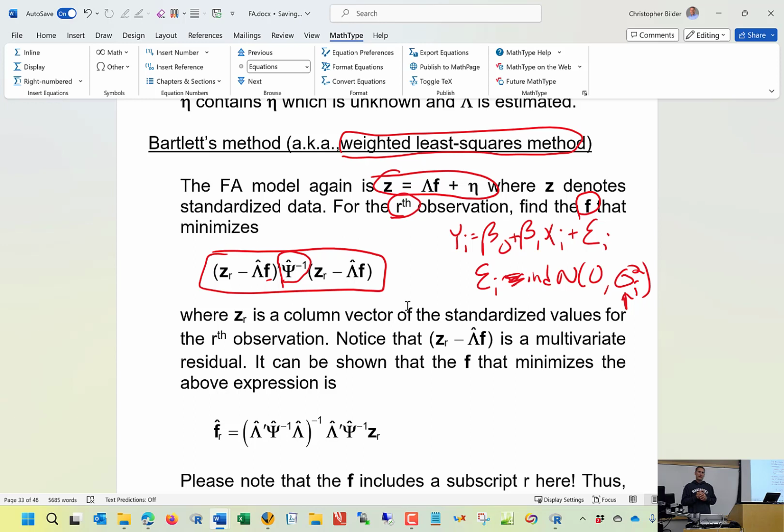It's the uniquenesses. Yeah, it gives the variances of the specific factors. So it's a diagonal matrix, and we take the inverse of it. And then over here, we have z sub r minus lambda hat times f as well. So for the rth observation, we're going to try to find the f that minimizes this expression.